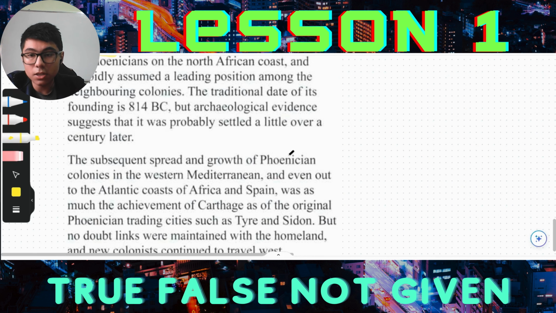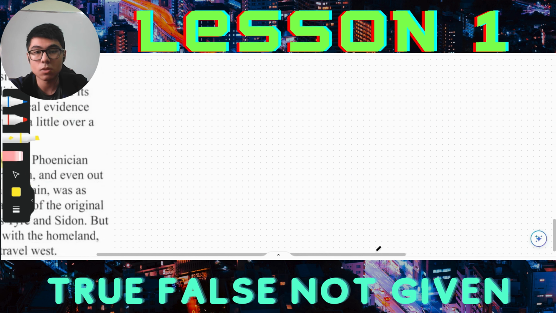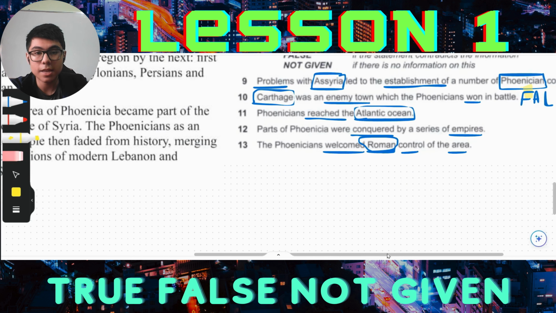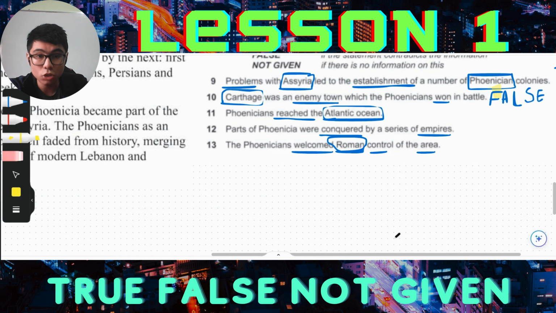So the initial colonies spread and grew out to the Atlantic coast, right? So the initial colonies actually reached even the Atlantic coasts of Africa and Spain. So now let's go to the question. Did they reach the Atlantic Ocean?